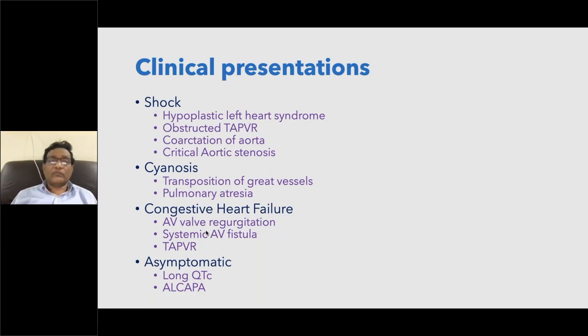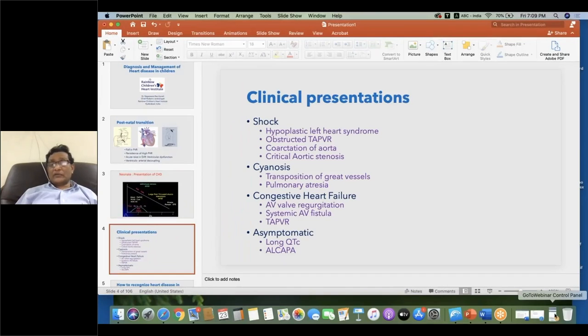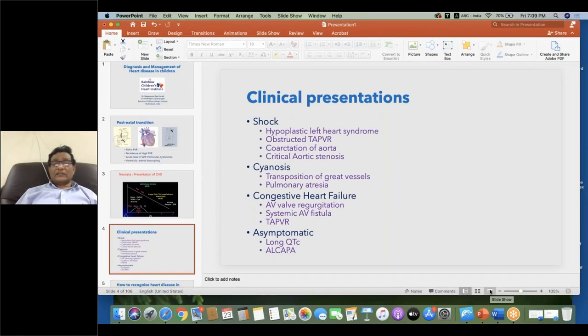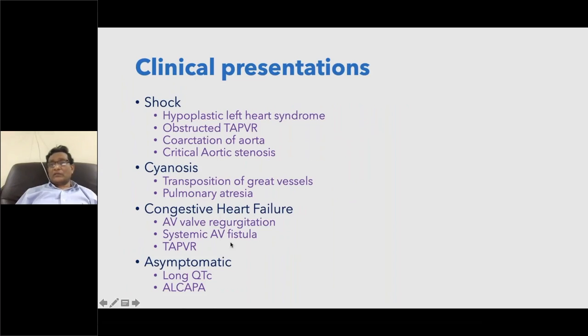Some conditions we don't recognize during the neonatal period. Examples like ALCAPA present beyond the neonatal period. Long QTc syndrome presents only when they have a drug causing prolonged QTc. These are some of the clinical examples of when they present. We all should understand that.